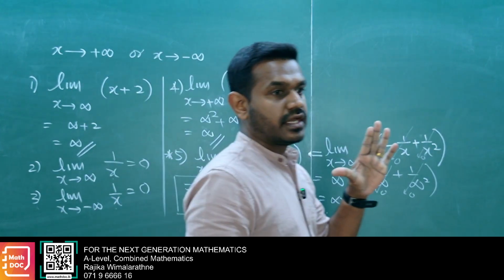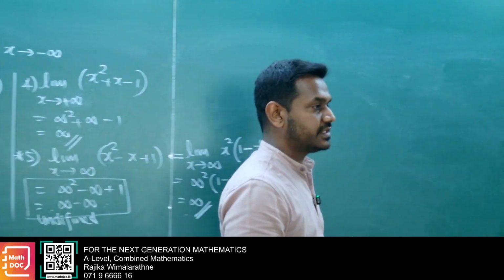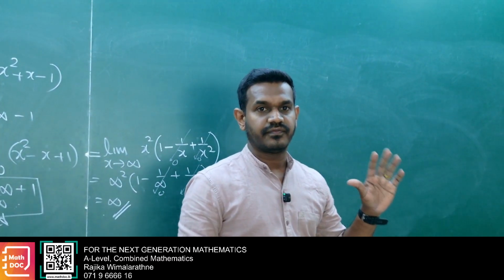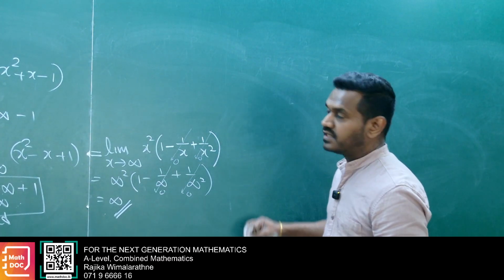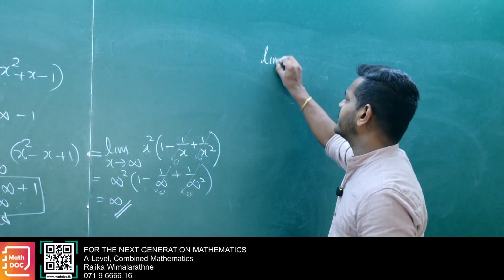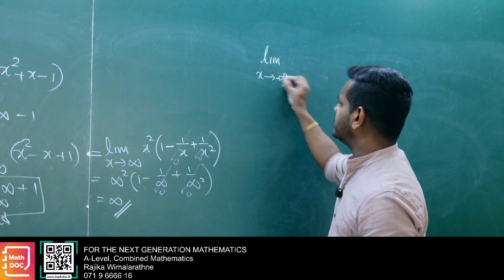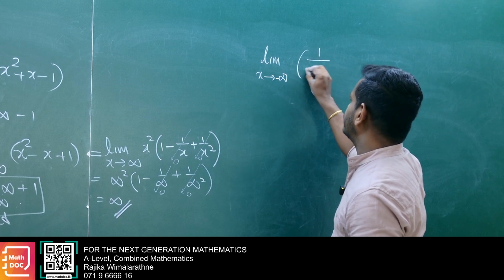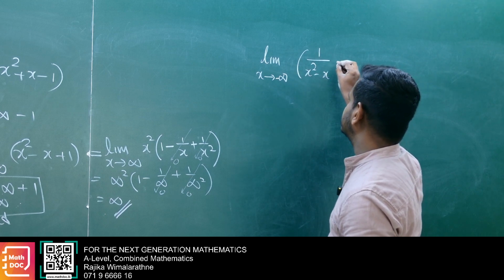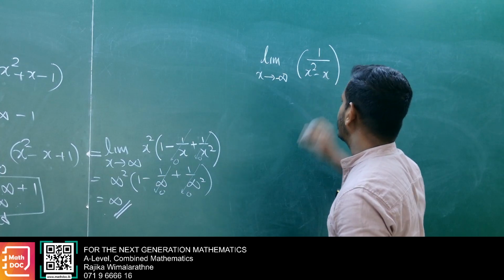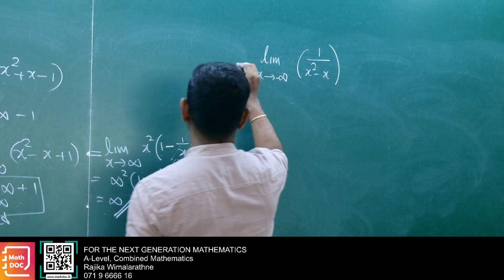Now let's do a few more examples. See this: limit x goes to minus infinity, 1 over x square minus x. Don't substitute directly now.